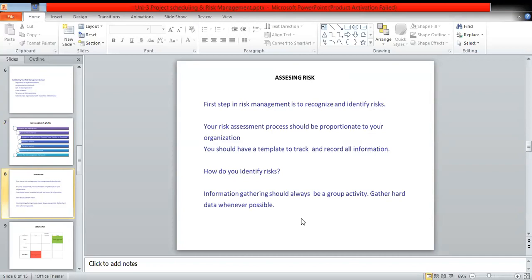Whatever the project, whatever kind of risks you have taken, you need to identify. It doesn't mean that you are a project manager and you don't know the work, or you don't understand, or you don't identify.